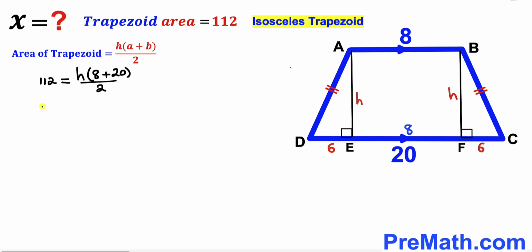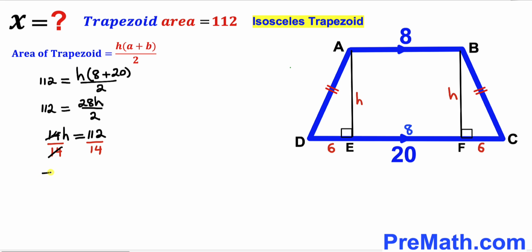If we simplify, we get 112 equals 28 times h divided by 2. Simplifying the right hand side gives us 14 times h equals 112. Now I'm going to divide both sides by 14 to isolate height h.